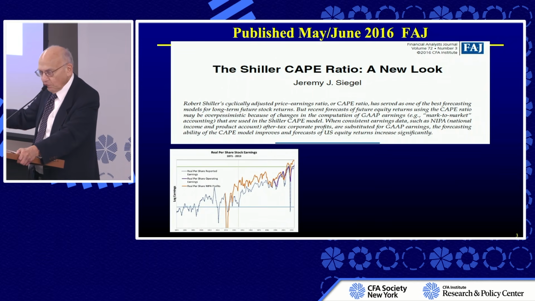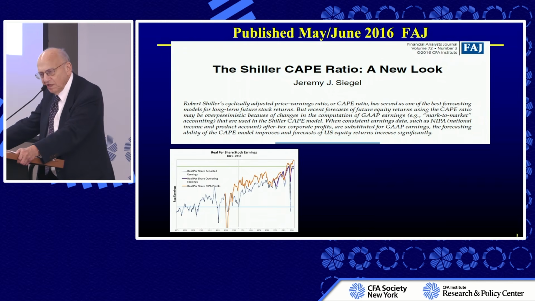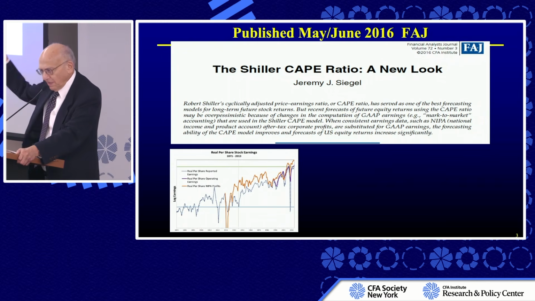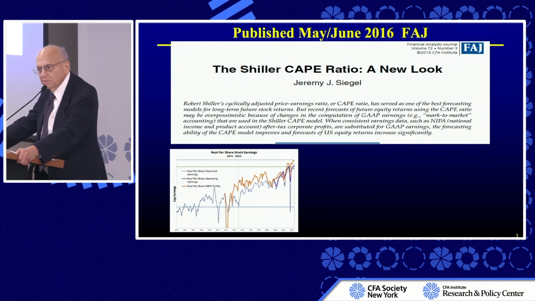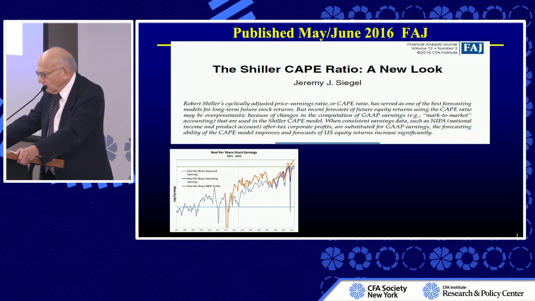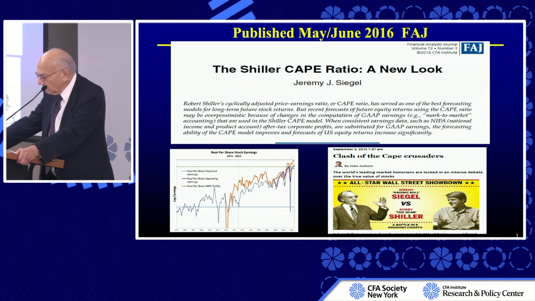So I said, oh, the CAPE ratio is going to be horribly biased because the CAPE ratio is 10 years of past earnings, and it's going to contain this crater over here. So until that crater moves out, it's going to be way, way underestimating what stock returns are going to be. We had a lot of debates on that.